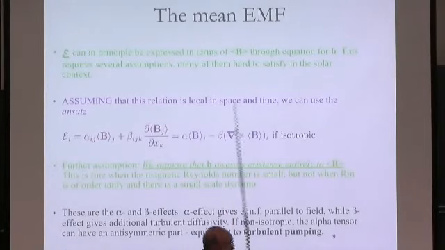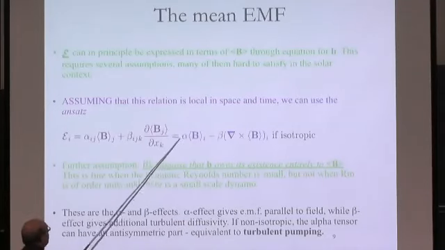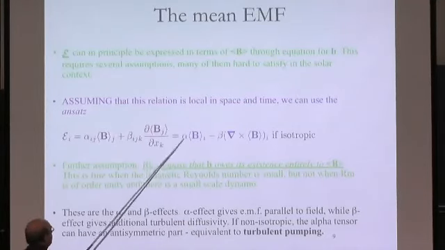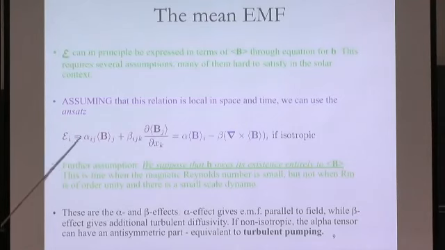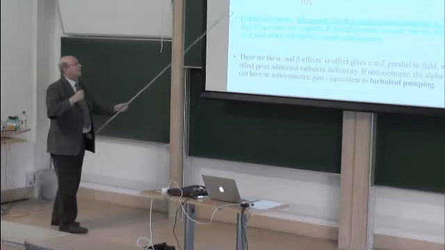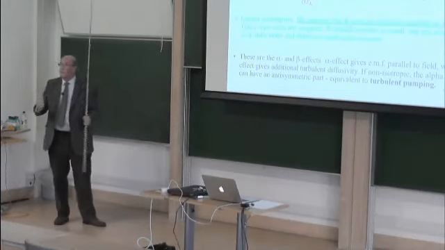And I should say that if things are isotropic, then of course, this is an isotropic tensor and therefore reduces to a scalar. In principle, this doesn't have to be a symmetric tensor. If this has an antisymmetric part, then the antisymmetric part corresponds to an EMF perpendicular to B. And if you remember, the induction term is curl U cross B. So curl E is curl of something perpendicular to B. So it's like the action of another velocity.